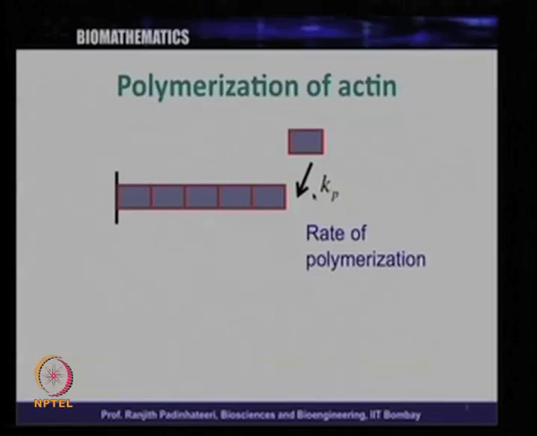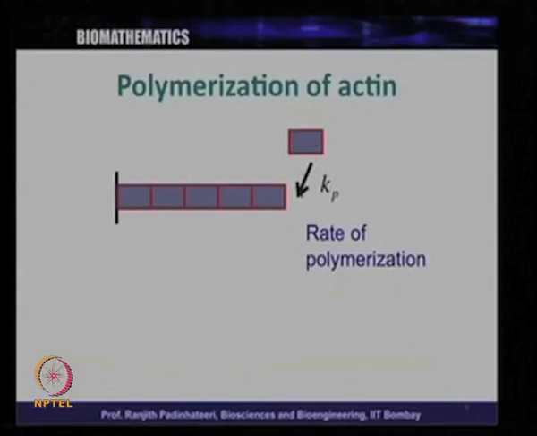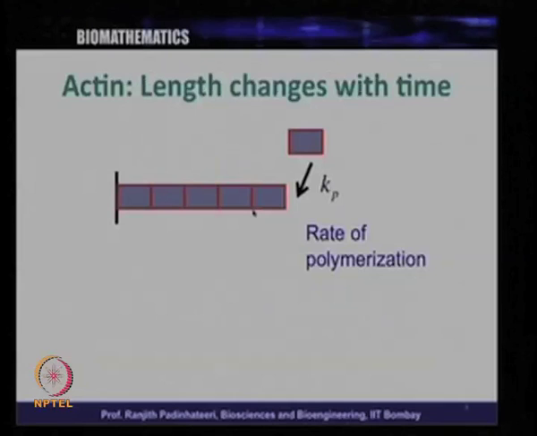So, this is the phenomenon. We want to describe a simple phenomenon, and the question is how do we describe this using mathematics. As we see here, we have a polymer, and as monomers keep adding to it, the length of the polymer increases. Let us look at the next slide. What happens is that the length changes with time.